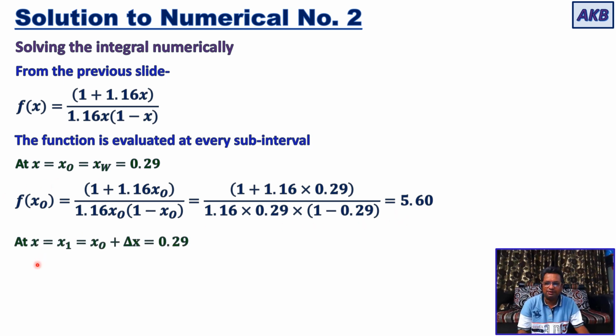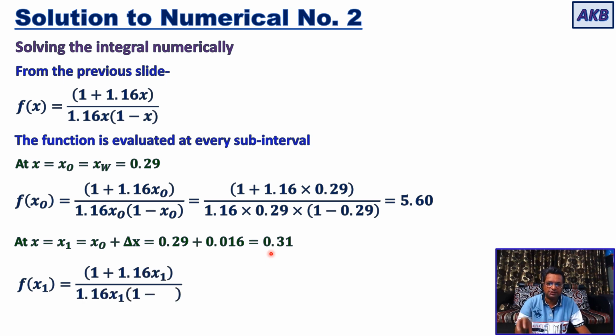Similarly, it will be evaluated at x1. x1 is x0 plus delta x, that is 0.29 plus 0.016, which comes out to be 0.31. So we are going to put x is equal to 0.31 in the function.